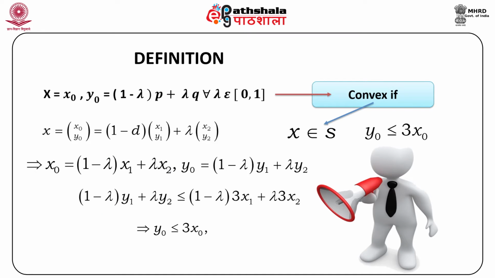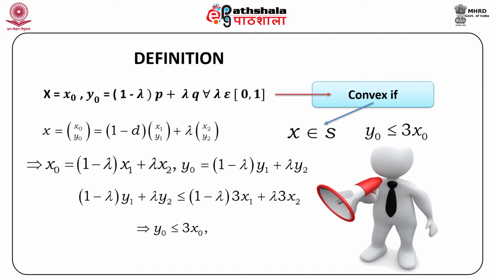Set S will be convex if x belongs to S, that is, y naught is less than or equal to 3x naught. x equal to (x naught, y naught), which is equal to (1 minus lambda) times (x1, y1) plus lambda times (x2, y2), which implies x naught is equal to (1 minus lambda) times x1 plus lambda times x2 and y naught is equal to (1 minus lambda) times y1 plus lambda times y2.